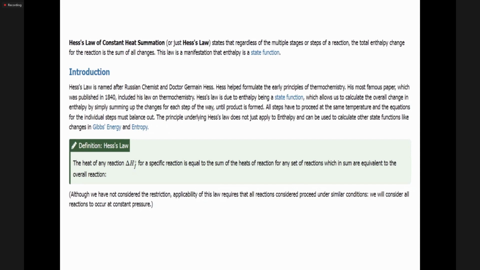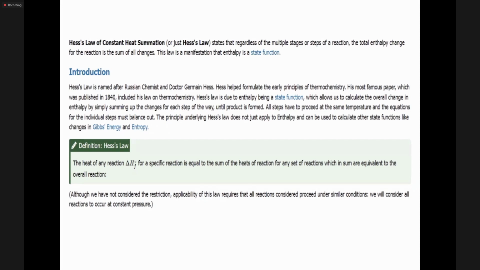Hess's law started with the characterization of enthalpy, but it can be used to calculate other state functions too, like entropy or Gibbs free energy. So the heat of any reaction, that is ΔH or ΔH zero for a specific reaction, is equal to the sum of the heats of the reactions for any set of reactions which in sum are equivalent to the overall reaction.